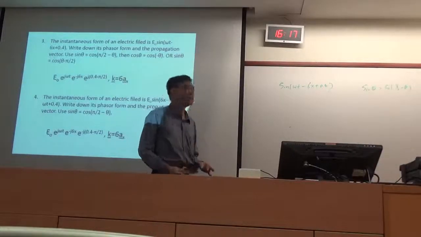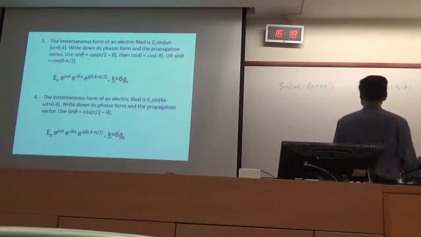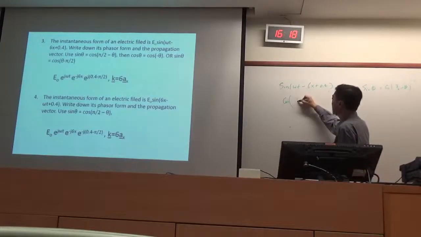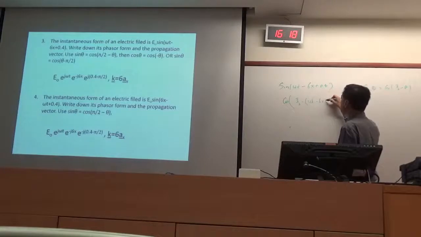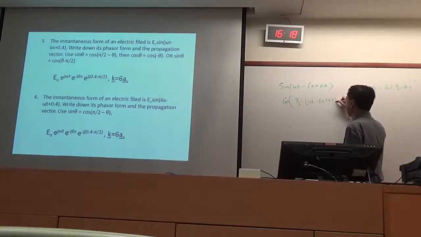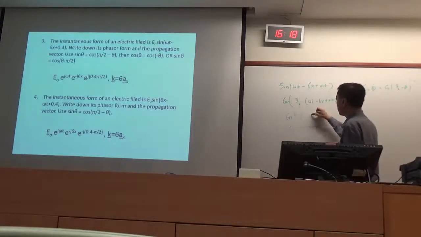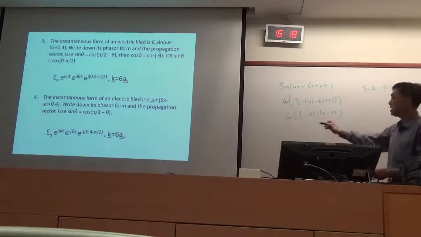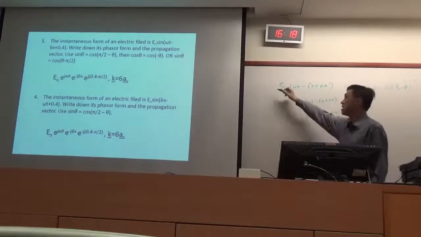Because you want to convert it to cosine first, this one becomes cosine(pi/2 - ωt - 6x + 0.4), which is cosine(pi/2 - ωt + 6x - 0.4). But once again, this minus here cannot be.